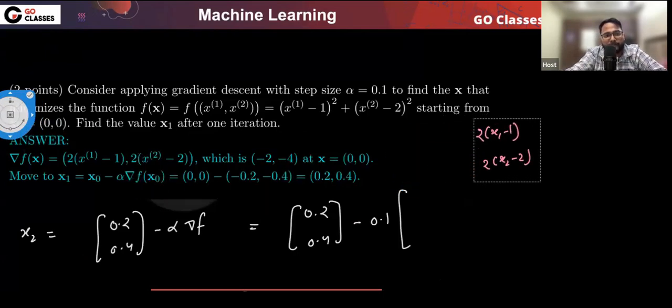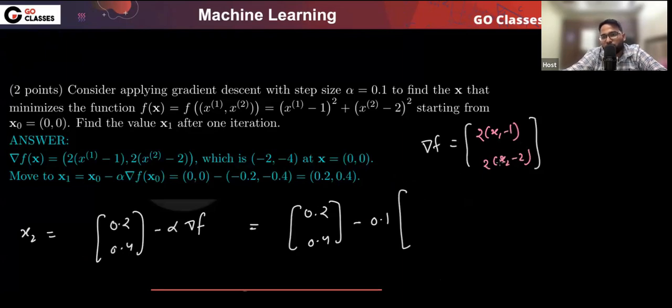So if you put 0.2, it will be 0.8 minus 2, which is minus 1.6.